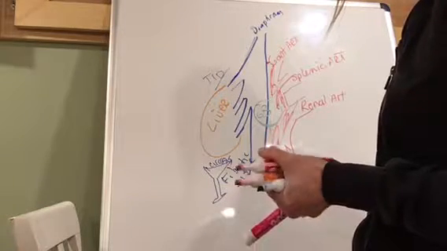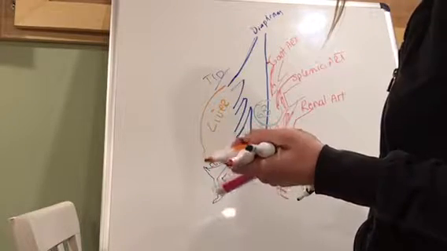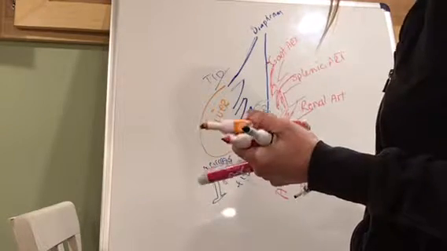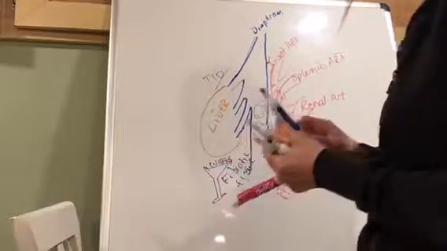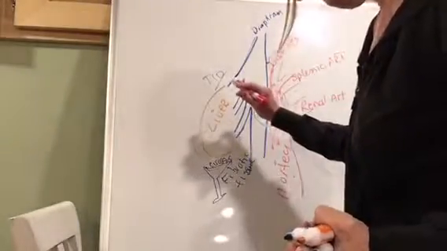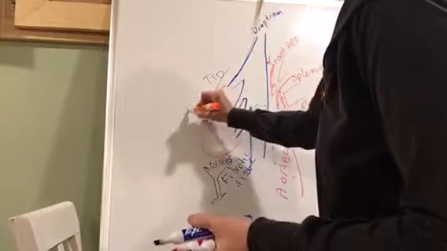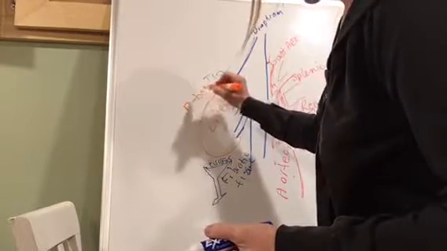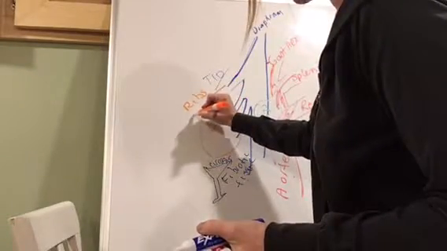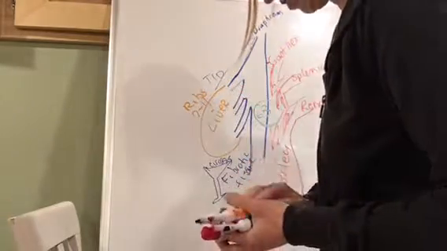For your biliary colic, common bile duct, what happens with that is portal hypertension. Your liver, usually around the ribs 7 through 11 is where you usually palpate.